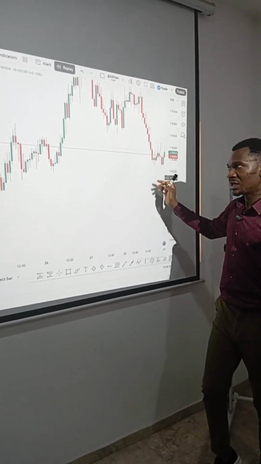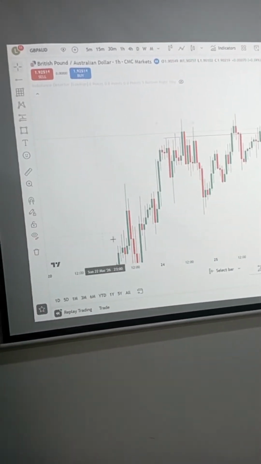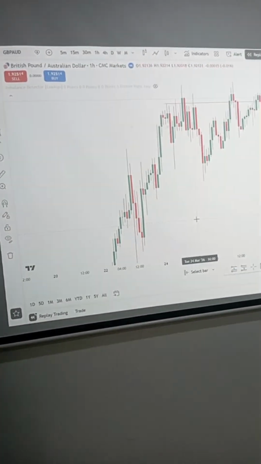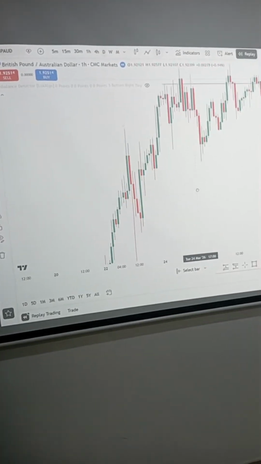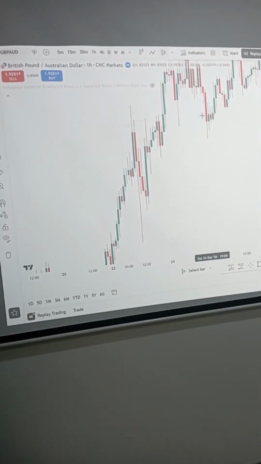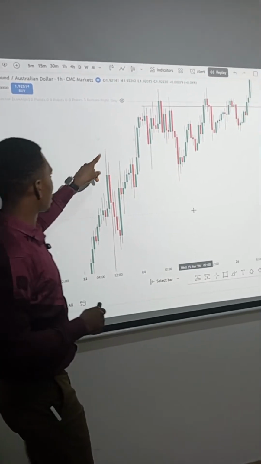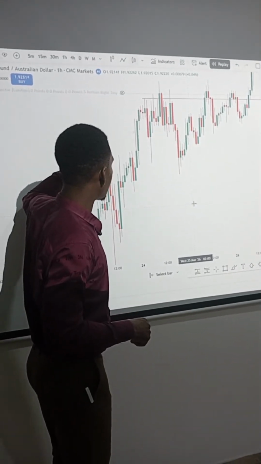Can you see it? The next level I'm going to consider will be here. I'm going to consider this level right here. Do you know why?